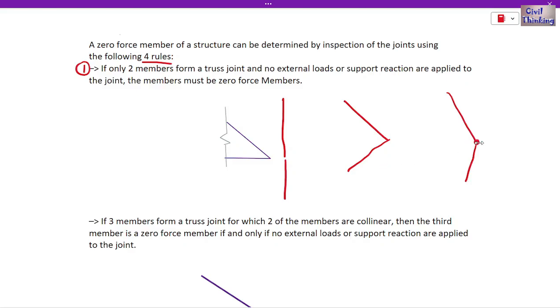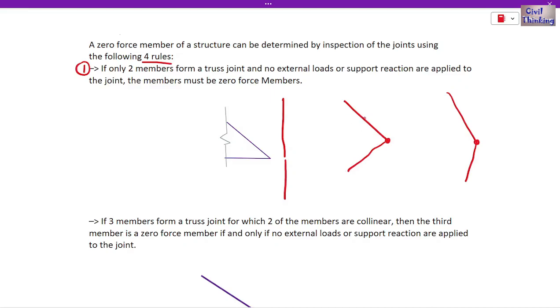This is the joint, and this joint does not have any load, and it does not have any support or anything. This is just a joint without any applied load or any support. Then both of them are zero force members.